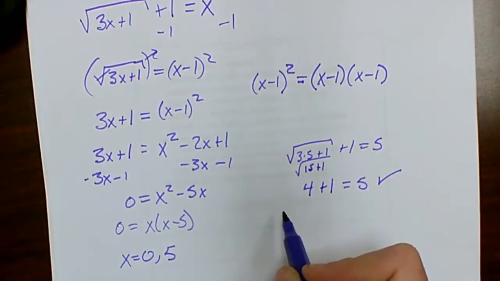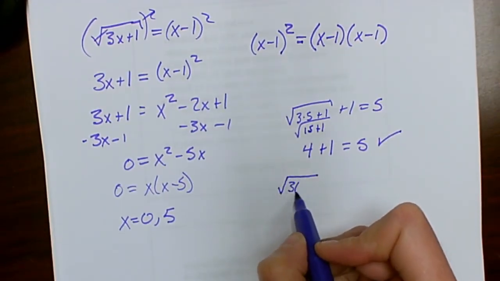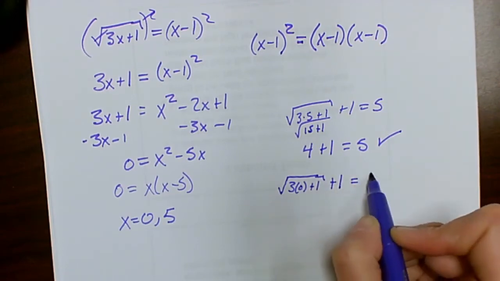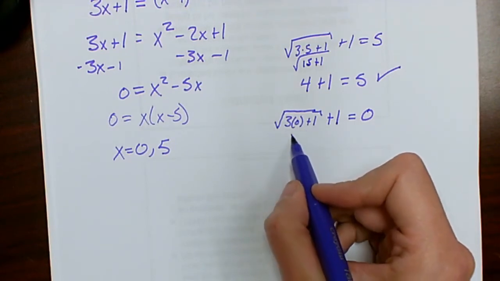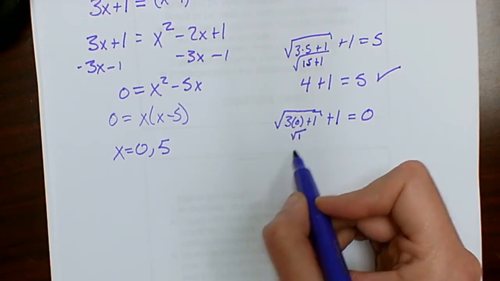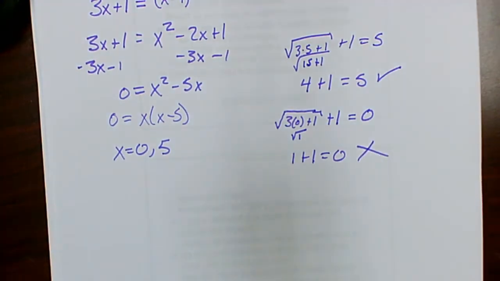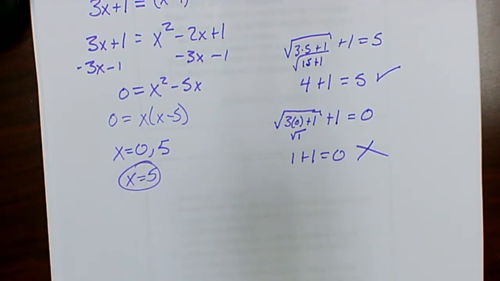Well, that checks out. Let's look at the 0. 3 times 0 plus 1, add 1 to that, that should equal 0. Well, that's 0. Square root of 1 is 1, but 1 plus 1 does not equal 0. That does not work out. So our only answer is x equals 5.